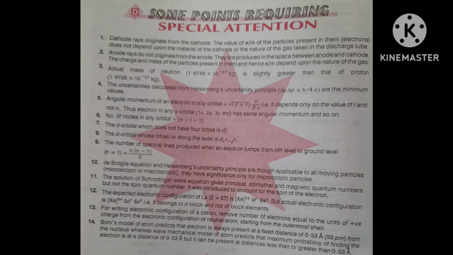The uncertainties calculated from Heisenberg uncertainty principle, Δx × Δp ≥ h/4π, are the minimum values.